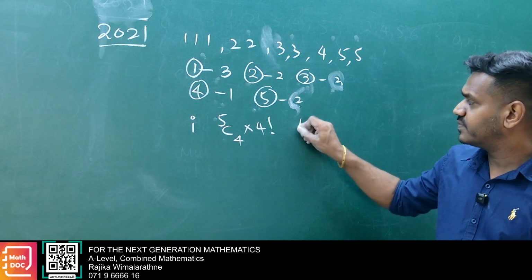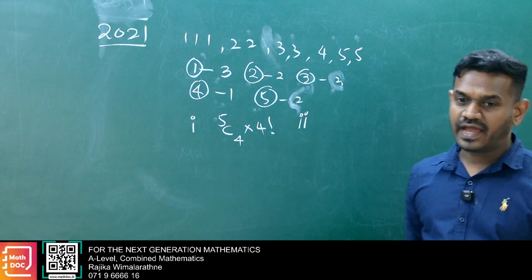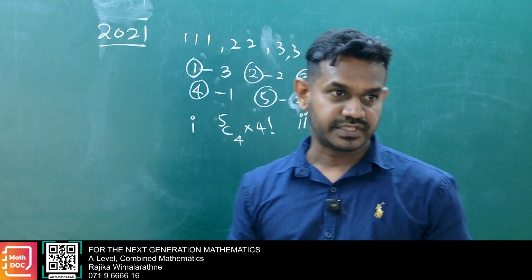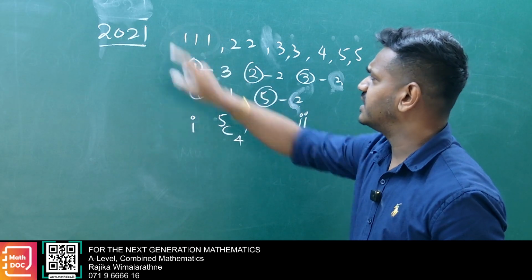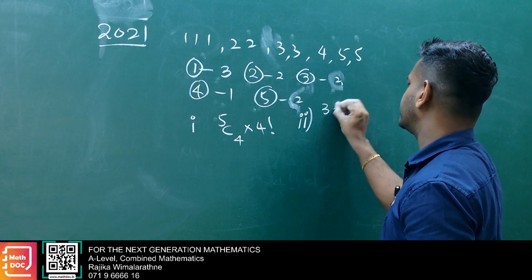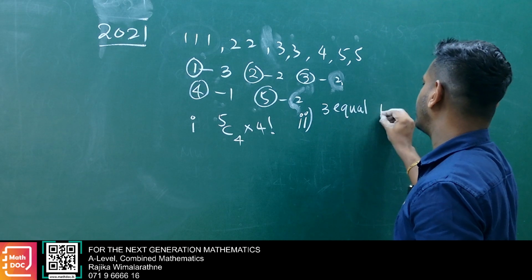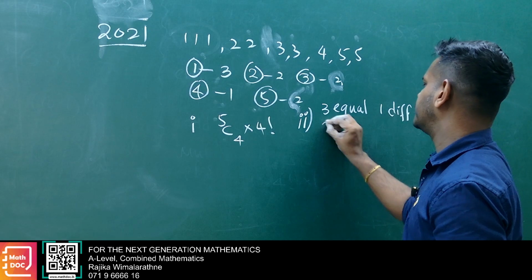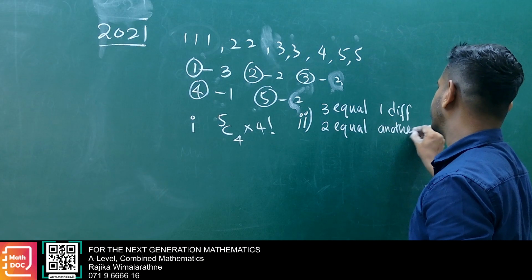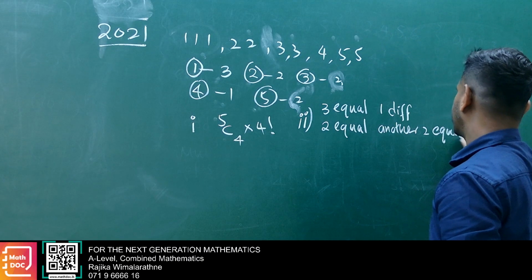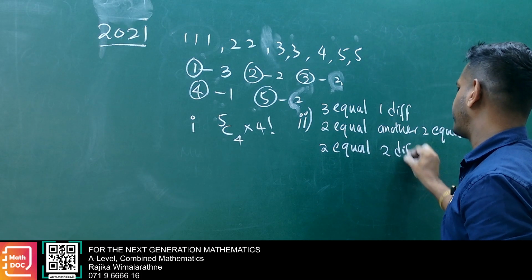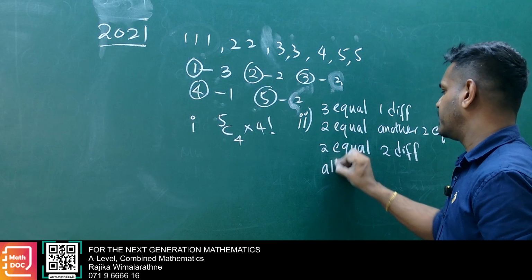Second one, if any 4 digits can be chosen, then here there are cases. 4 can be chosen as 3 equal and 1 different, 2 equal and another 2 equal, 2 equal and 2 different, or all 4 different.